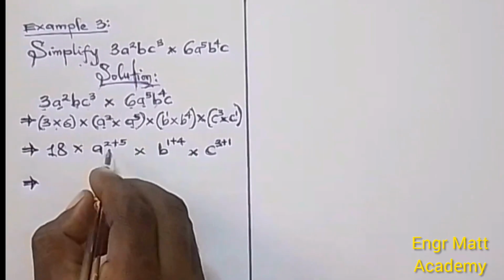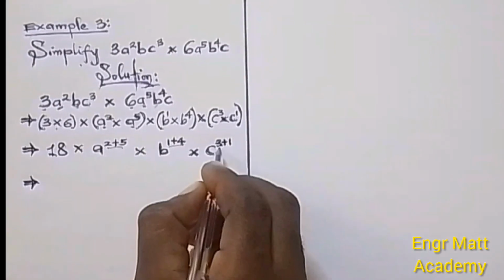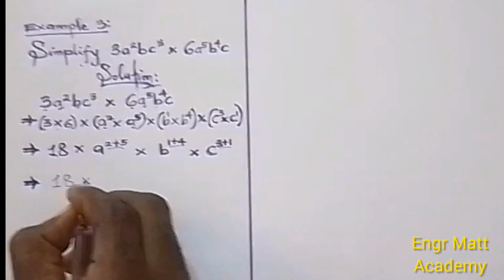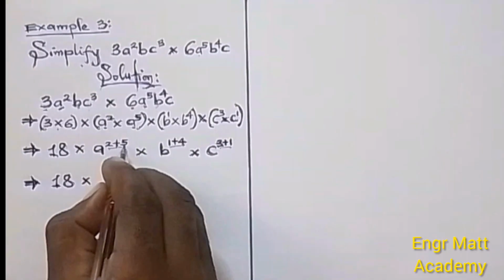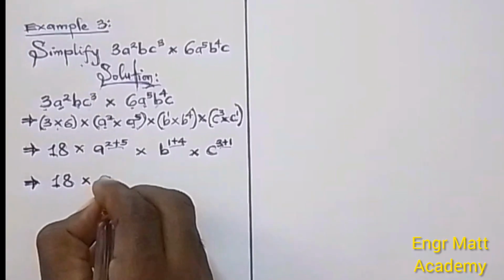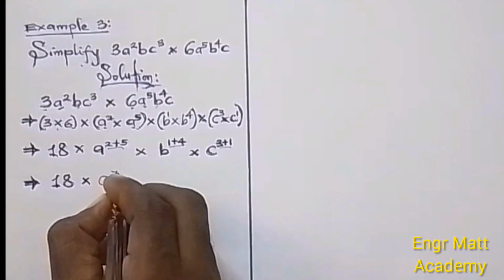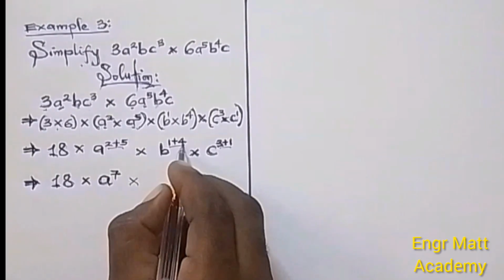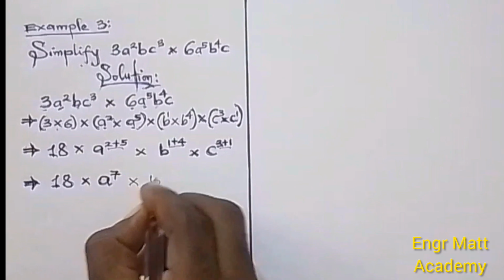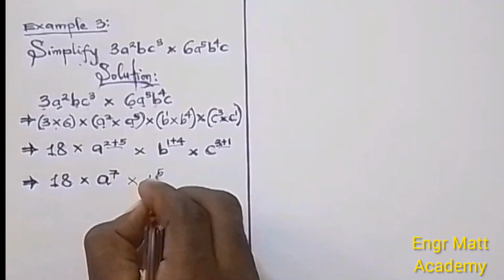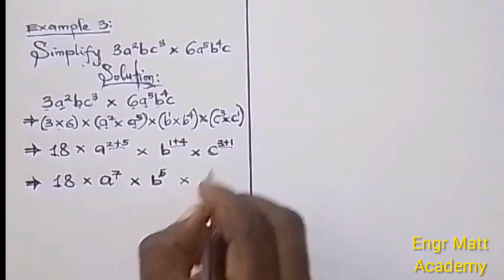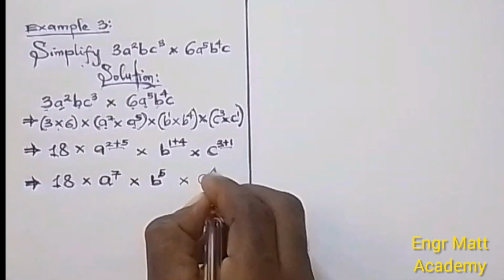Next, we add these powers. 18 still remains, 18 times 2 plus 5, which is 7, so we get a to the power of 7, times 1 plus 4, which is 5, so we get b to the power of 5, times 3 plus 1, which is 4, so we get c to the power of 4.